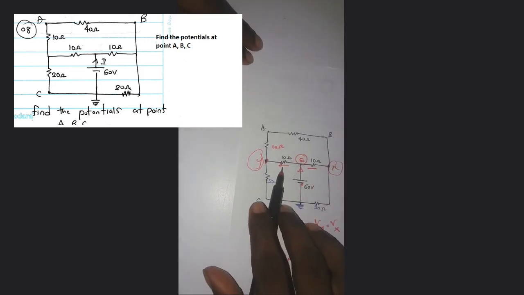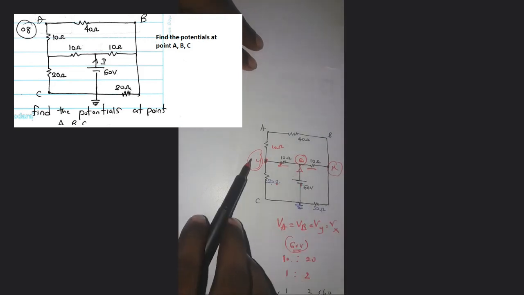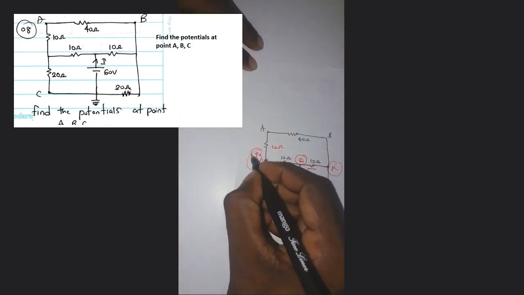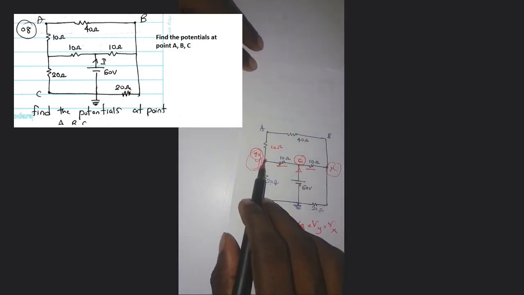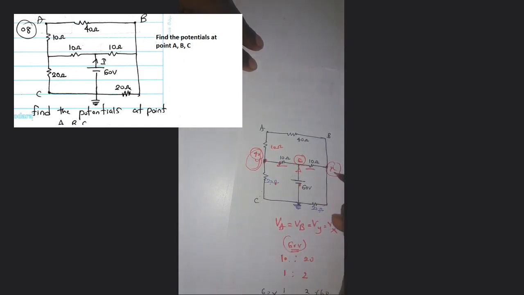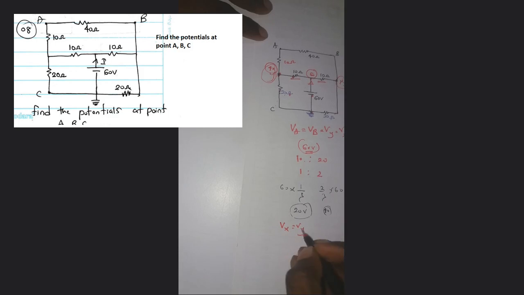If 10 ohms is keeping 20 volt, so the potential at Y has to be 40, because current flows from this point to this point, right? Then this will keep 40 volts, so again it's 0, right? Then Y has to be 40 again.